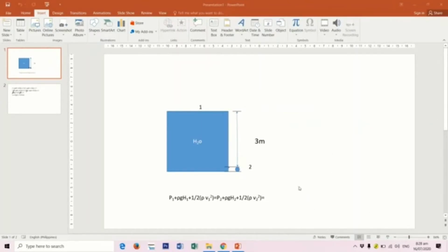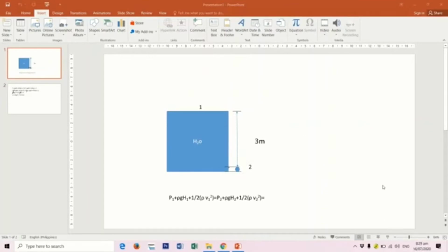Okay, let's get started. We have an equation here for Bernoulli's, which is denoted as pressure 1 plus rho g h1 plus 1 half rho v1 squared, which is our velocity for point 1, and pressure 2 plus rho g h2, the height for point 2, plus 1 half rho v2 squared, which is our velocity for point 2.